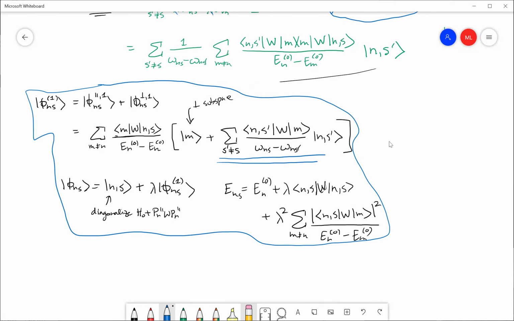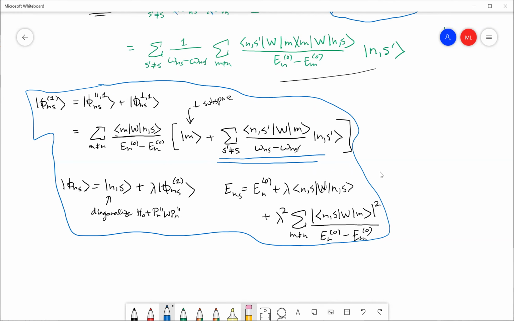It's actually of order W squared, which is really weird, even though this correction comes in at order lambda. Really kind of trippy if you think about it. You have a W squared correction that comes in at order lambda.